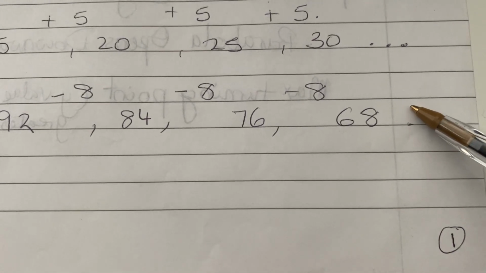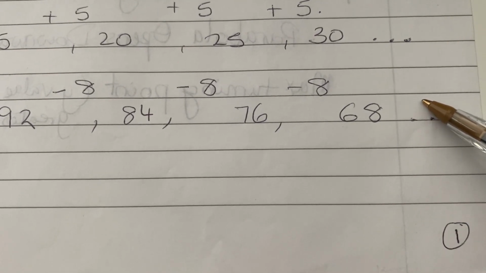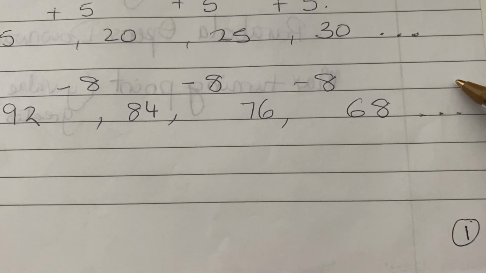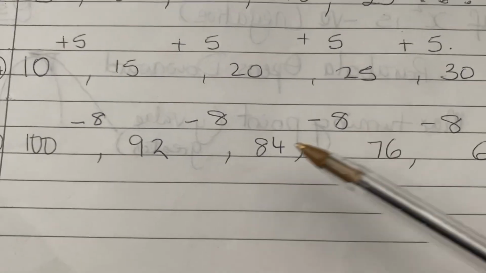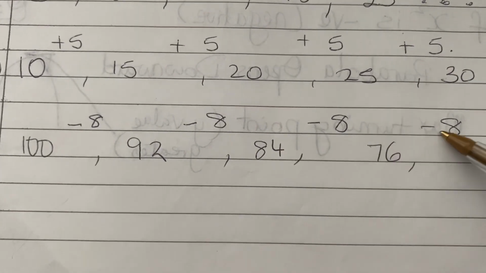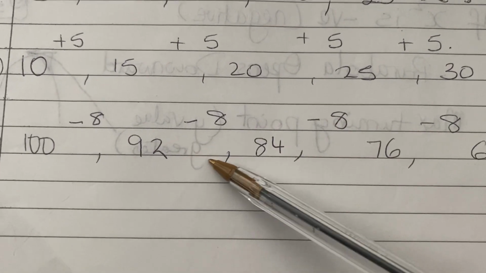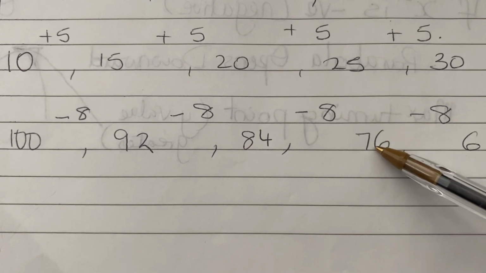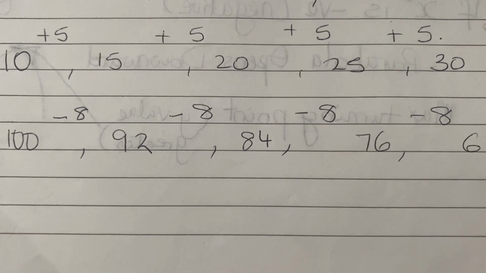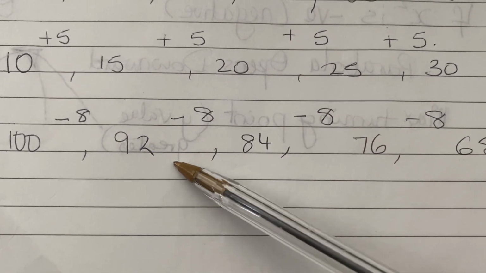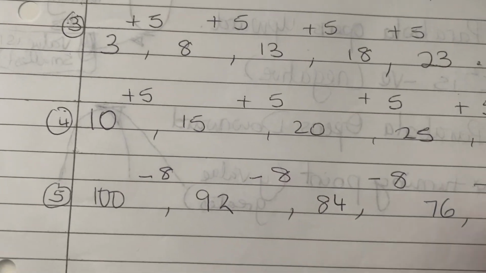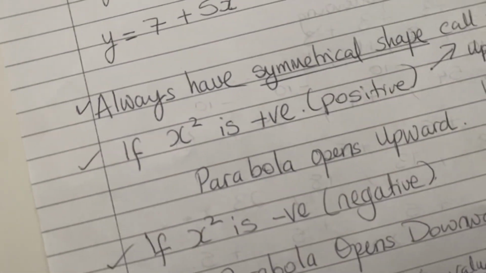So here again, you can be asked to find the next two terms, or in between these terms, you'll be asked to find the third and the fourth term, or the fourth and the fifth term, or they can give you the second and third, and then ask you to find the first term. So yeah, let's go to what we've been doing.